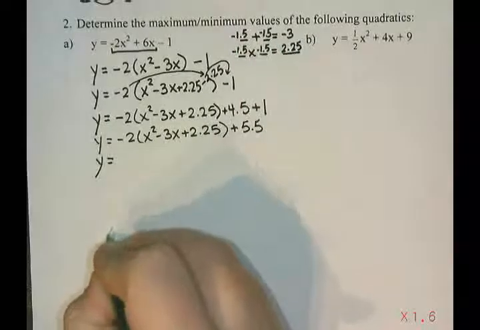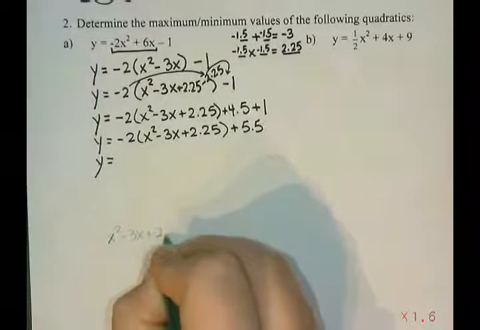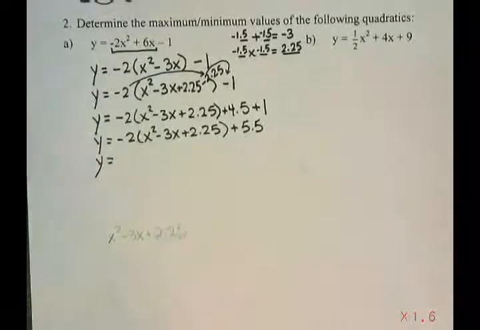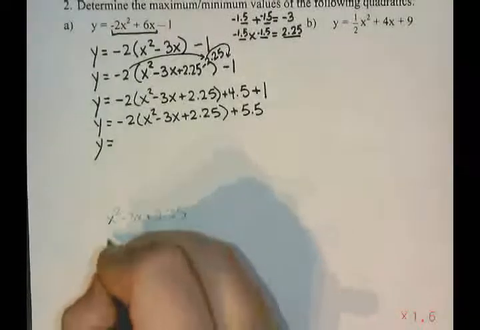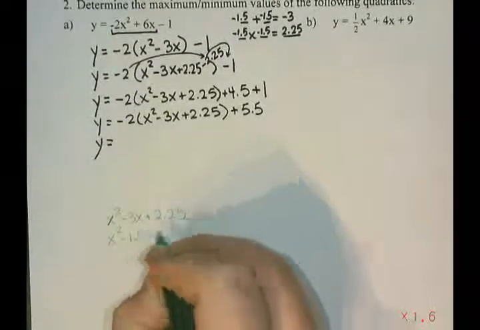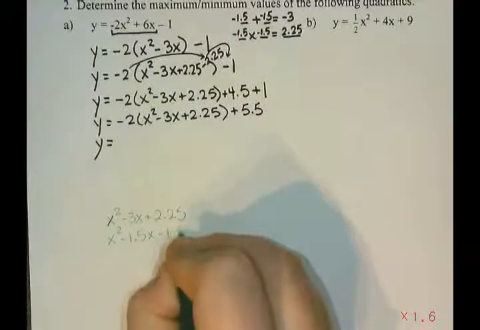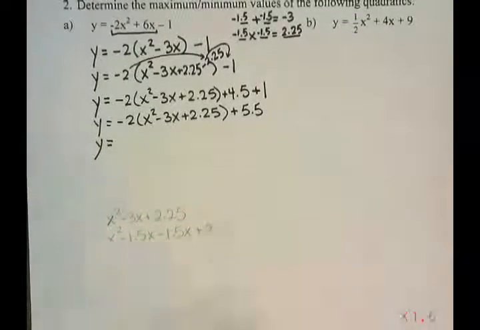So I'm going to take x squared minus 3x plus 2.25. Usually I do this in the margin, but I don't really have room in my margin. So I have x squared minus 1.5x minus 1.5x plus 2.25. Group them.